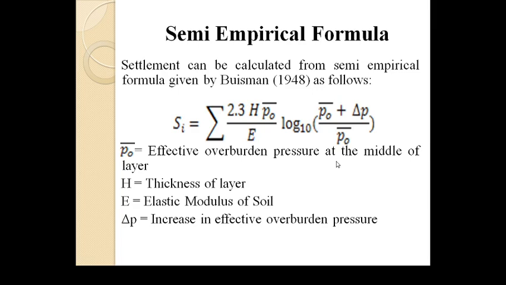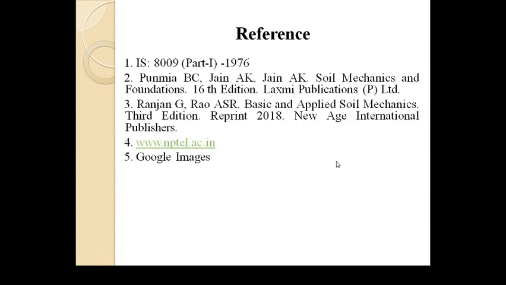P0 bar is the effective overburden pressure at the middle of the layer as it was in the previous equation, and delta P is also the load increment. H is the thickness of the layer, E is the elastic modulus of the soil. So we should calculate the settlement of each layer, and after that to get the total settlement of the complete soil profile, we should make a summation of all those settlement values.